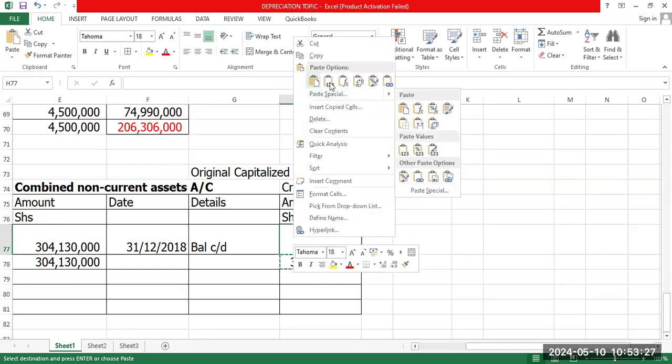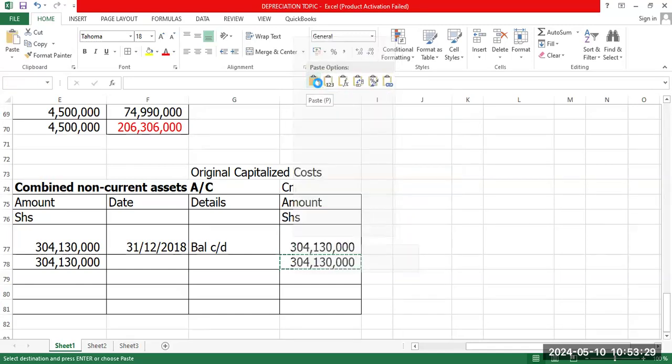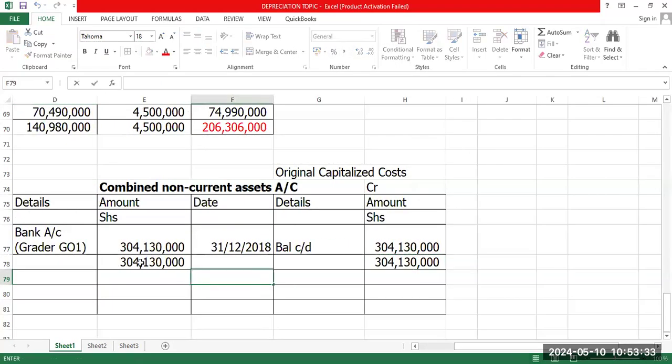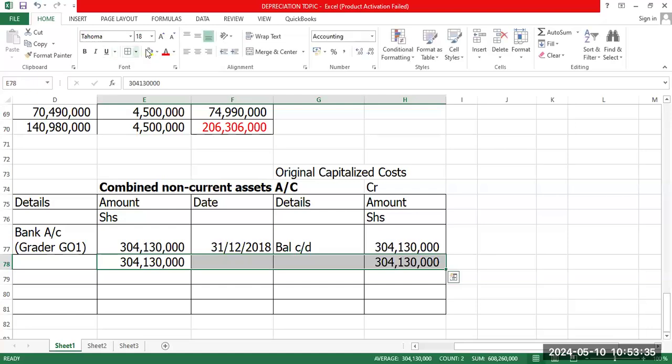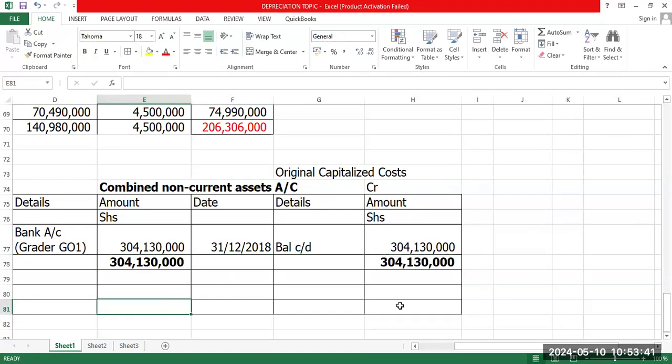So we are putting that. And I'm done with 2018. This is the balancing figure.